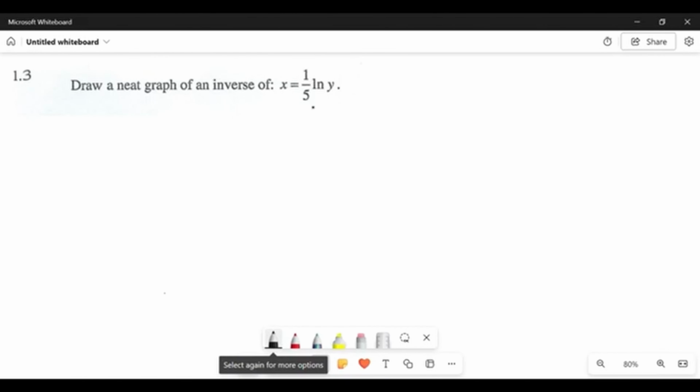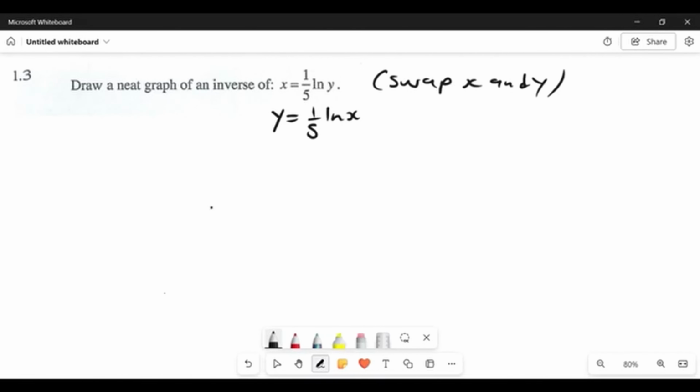So wherever there is x, you put y is equaling to 1/5 natural log, and then wherever there is y, we put x. So you swap your x and y. There we go. So that's what you do. So from now on, we're going to use this inverse equation to draw or plot our graph.